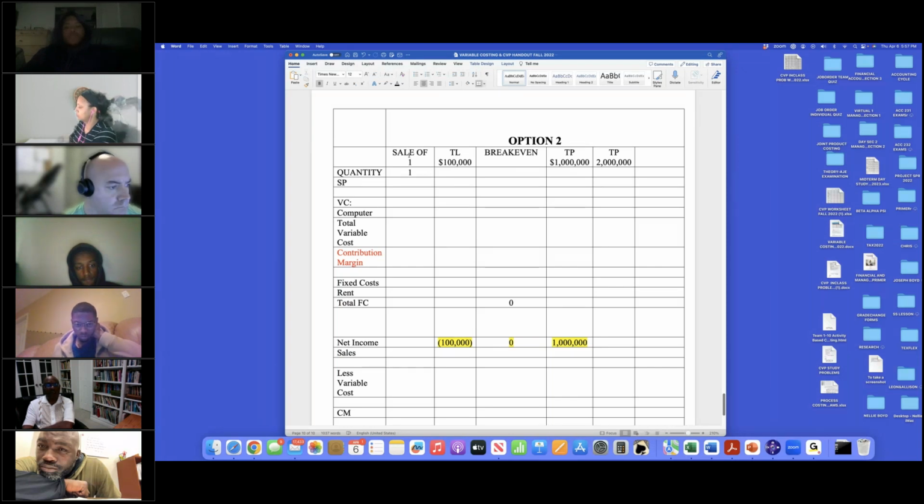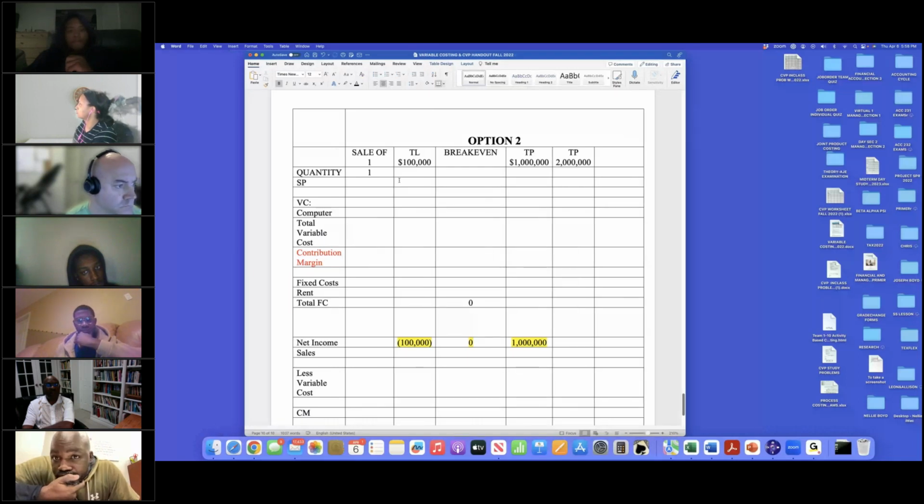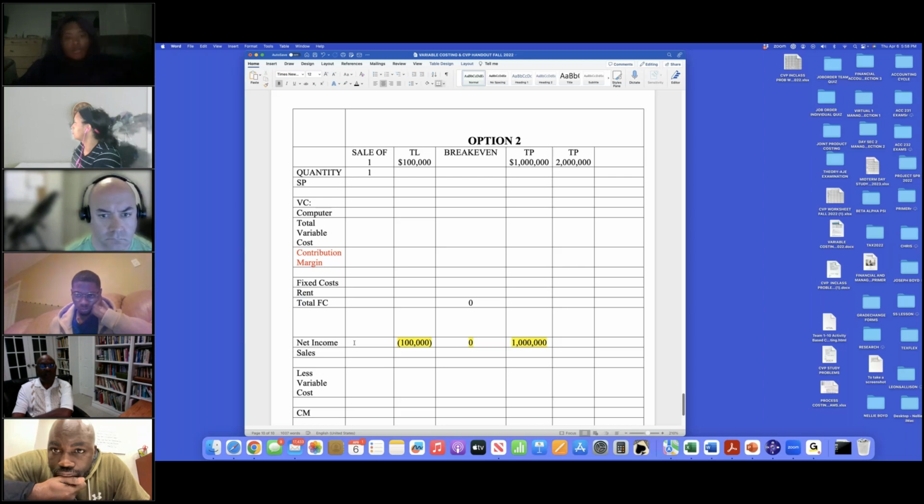Chris, you've got four columns, and you have to go all the way across: sell one item, target loss of 100,000, break even, target profit of 1 million.